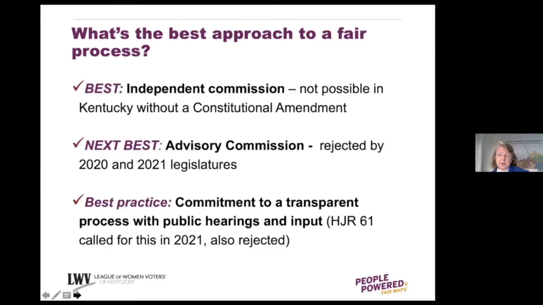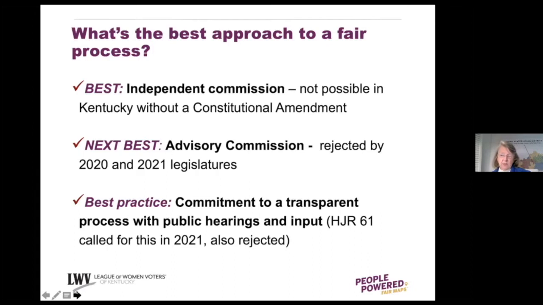Now, the best approach in terms of the League's thinking is an independent redistricting commission. There are a number of states across the country that have commissions that actually draw the lines and make the final decisions. These commissions are appointed or elected in a variety of ways in attempts to try to make them independent of one or other party's political influence.